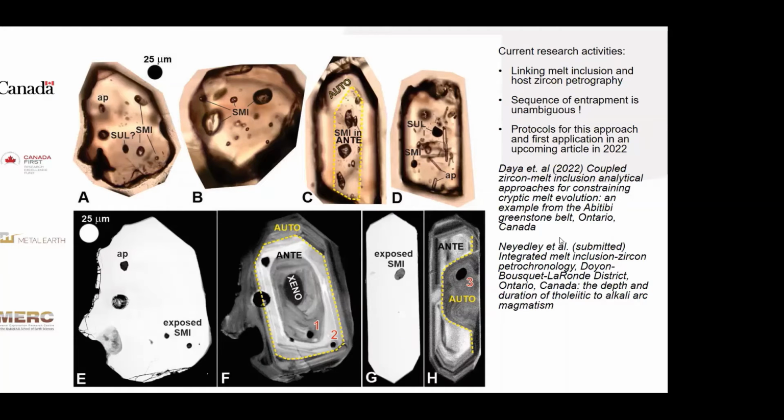Scalaron district. And there Kevin has shown that we can use this approach to very accurately determine the depth as well as the duration of this very important transition from tholeiitic to alkali arc magmatism.